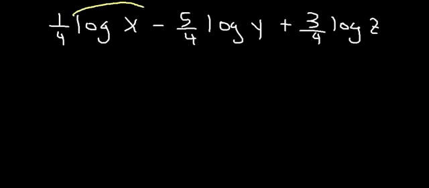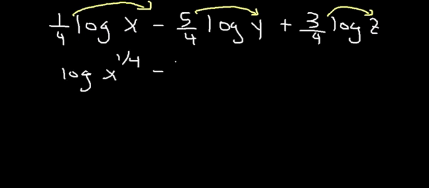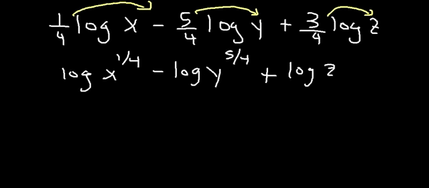So let's move this to the front, every coefficient. So we have log x to the 1/4 minus log y to the 5/4 plus log z to the 3/4. By the way, feel free to pause the video and combine it into a single log and see if you can get the answer as well.